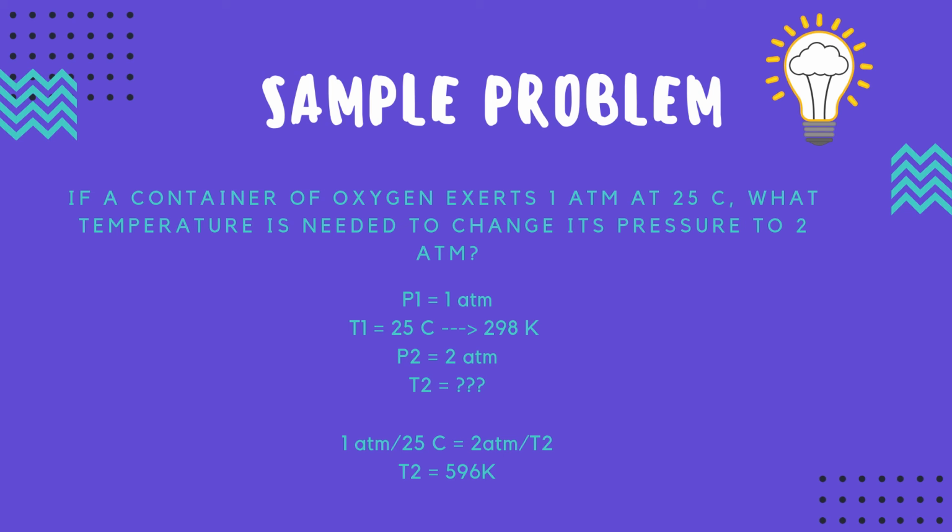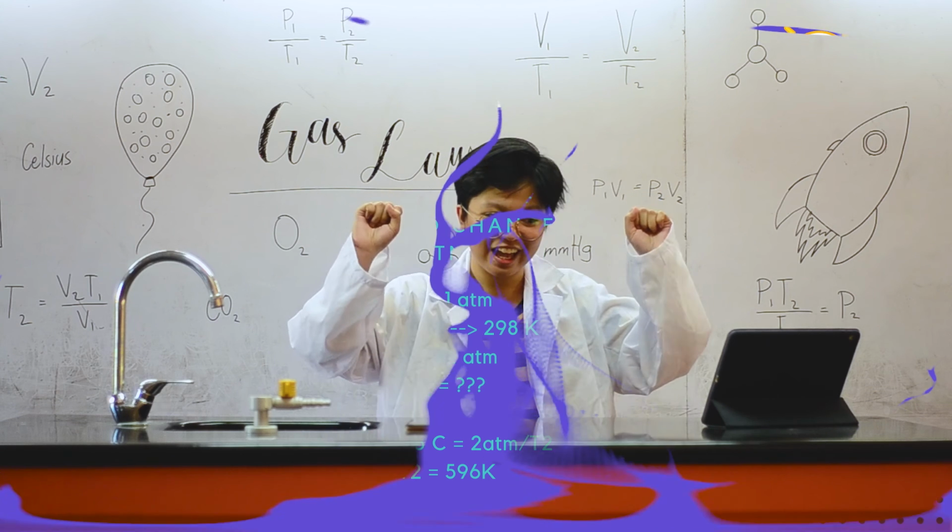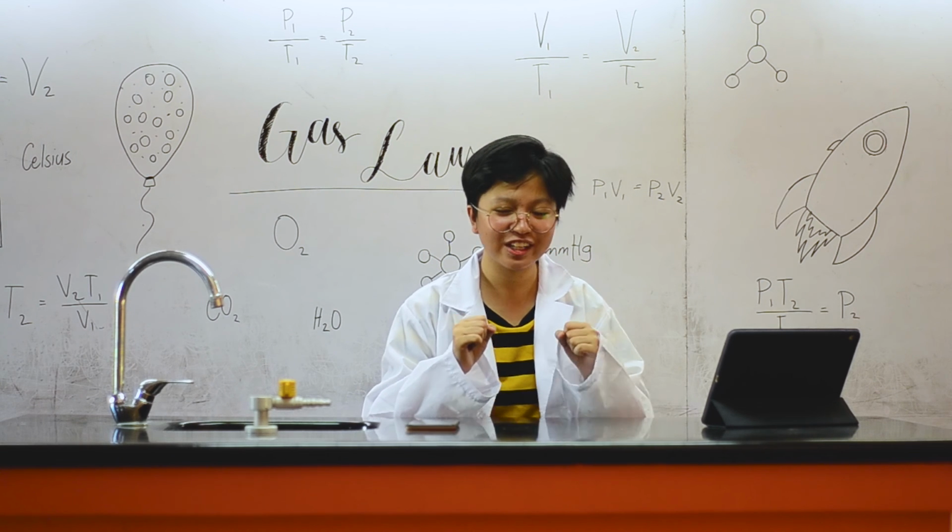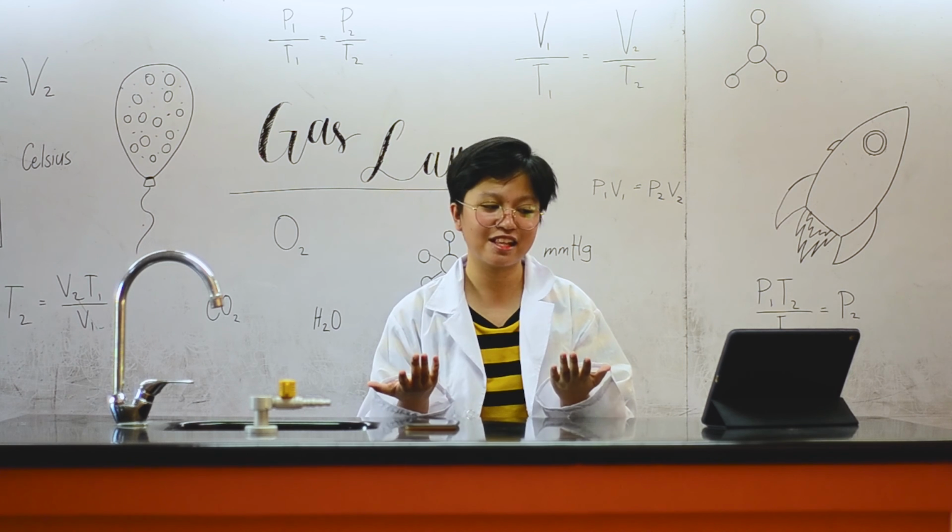P1 times T2 equals P2 times T1, then substitute. 1 atmospheric pressure times your missing T2 equals 2 atmospheric pressure times 298 Kelvin. Now, to solve for the T2, 2 atmospheric pressure times 298 Kelvin gives us 596 Kelvin. That is now our T2. Hooray! We now have 596 Kelvin as our final answer.